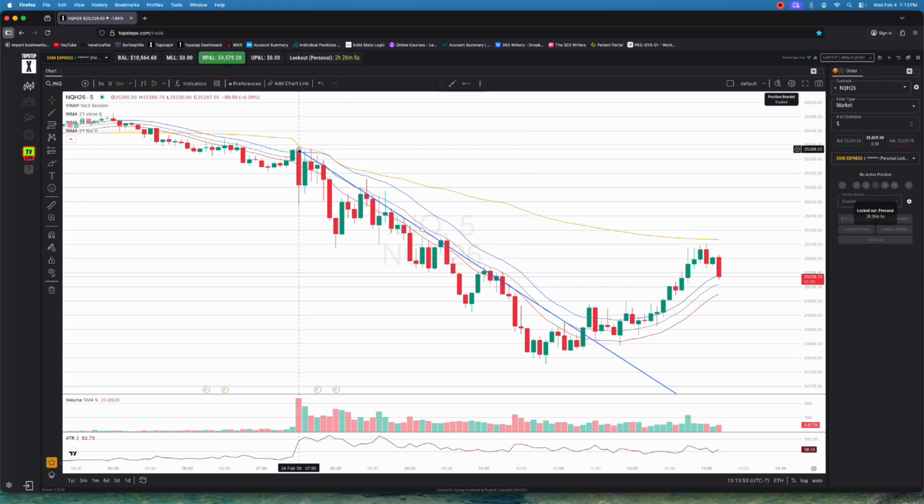You can see here it opened around 25,400, and down here, it got down to 24,800. So you're looking at a 600 point drop.